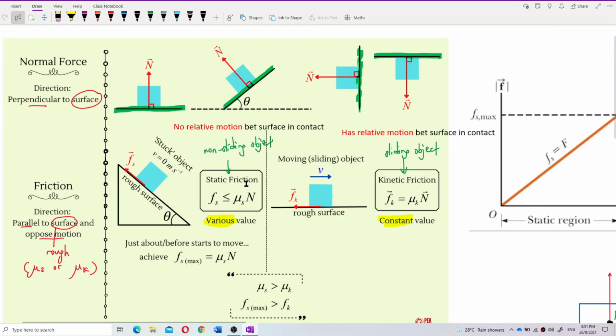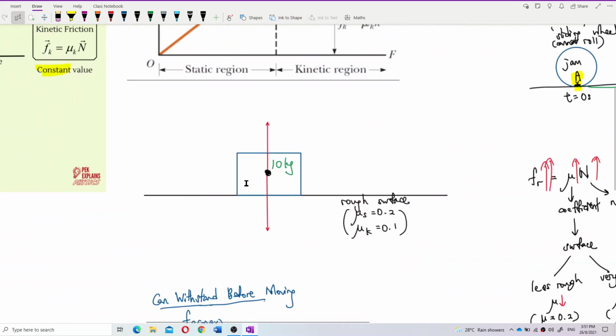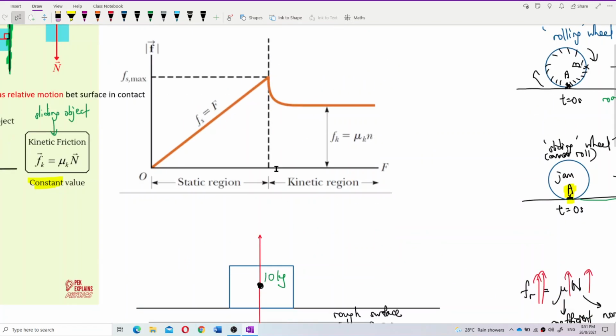What is actually static friction? Actually I have a simulation to show you. After this video, I have a small simulation to show you exactly the difference between static friction and kinetic friction. You should look into that animation to understand more about this difference, and also this graph.